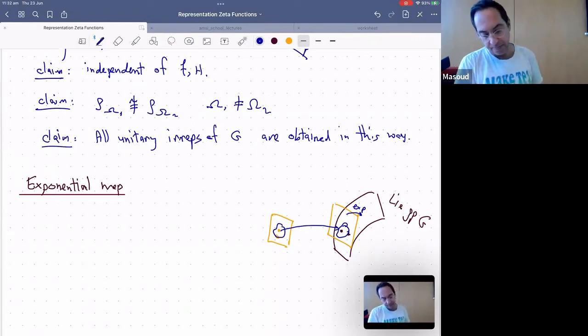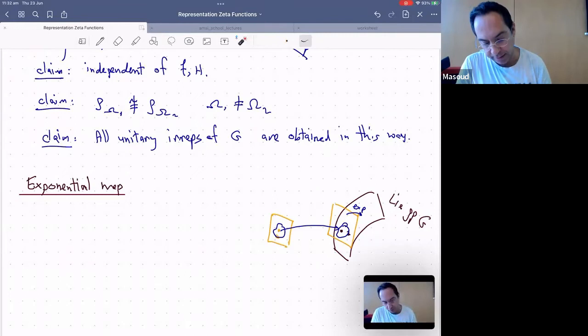And what you can show is that the group structure is really defined by the Lie algebra. The local group structure is completely defined by the Lie algebra structure.